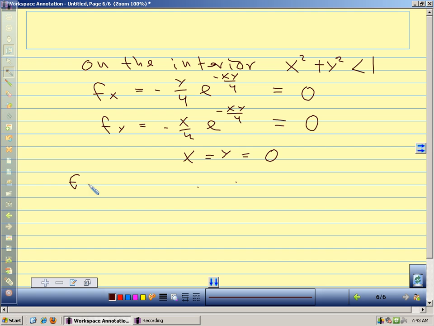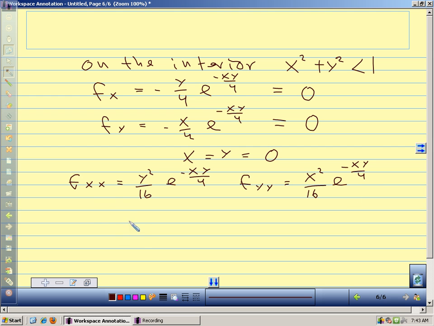So we find our second partials. F sub xx is y squared over 16, e to the minus xy over 4. No, because we end up with another negative there. F sub yy is x squared over 16, e to the minus xy over 4.